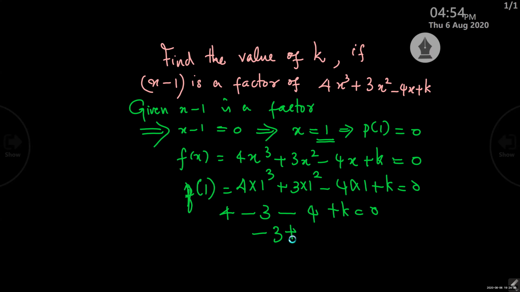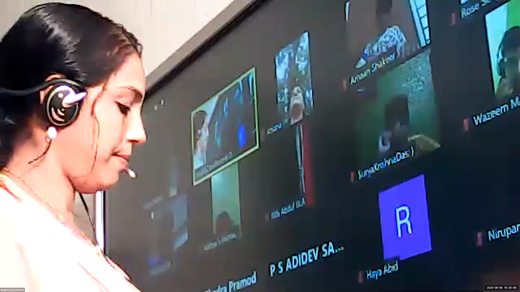Yes, plus 3. Plus k equal to 0. K equal to negative 3. Okay, children? Yes, k equal to negative 3.